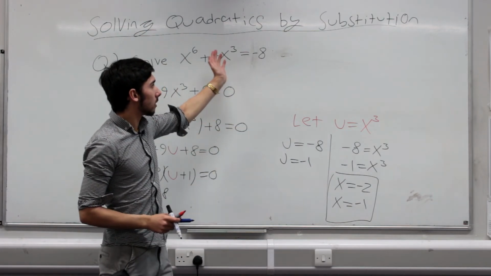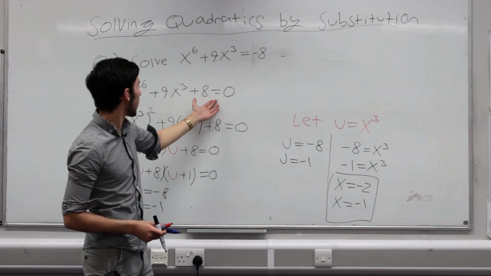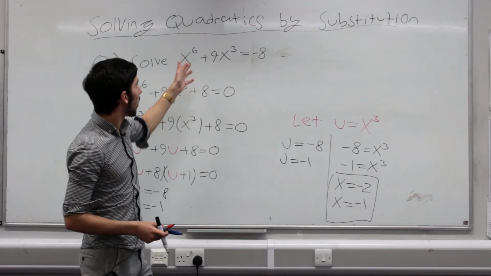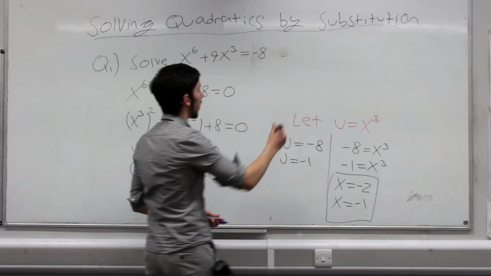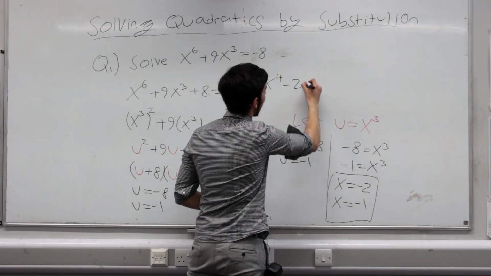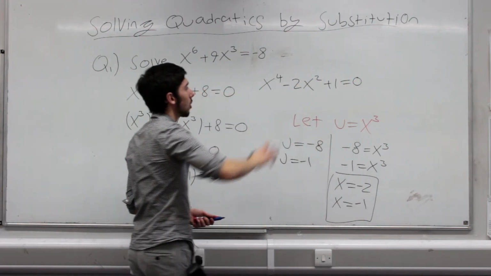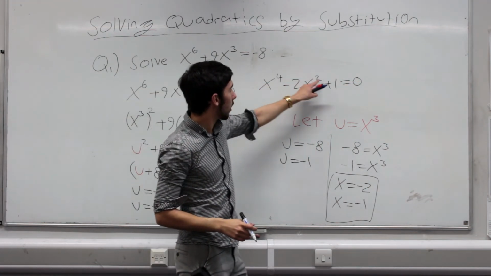Or in this example, you can easily make it such that if you add a constant, you get 0, right? This is the same problem as this. But for example, you could do, I don't know, x to the 4 minus 2x to the 2 plus 1 equals 0. That's valid too, because this is double this.